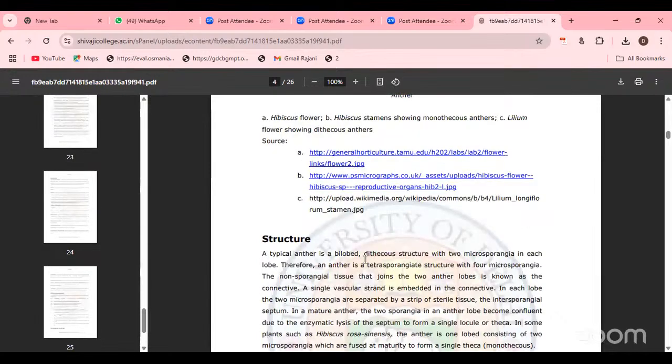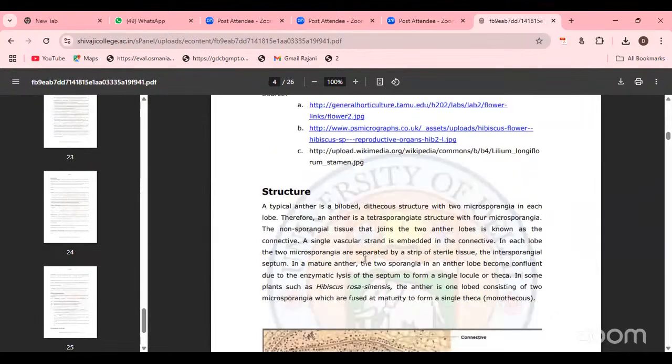See the structure of the anther. A typical anther is a bilobed, dithecous structure with two microsporangia in each lobe.